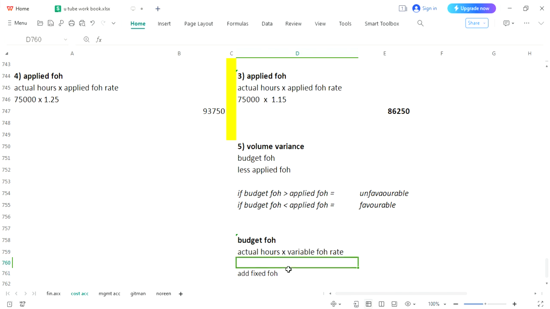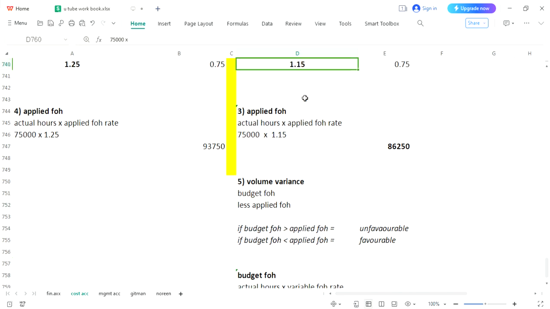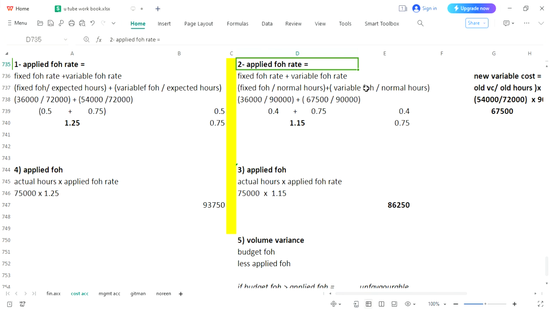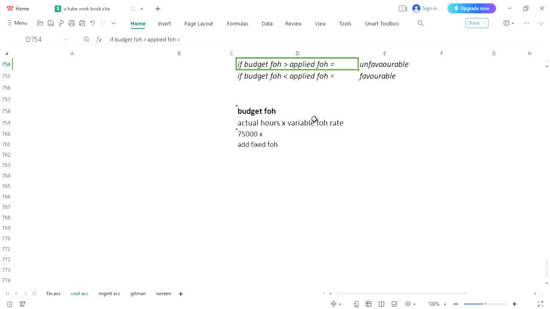Since we are now on actual basis, 75,000 are actual hours mentioned over here. We need to multiply 75,000 by the variable FH rate, which has already been calculated. You can see the second part, variable FH rate, which was 0.75.